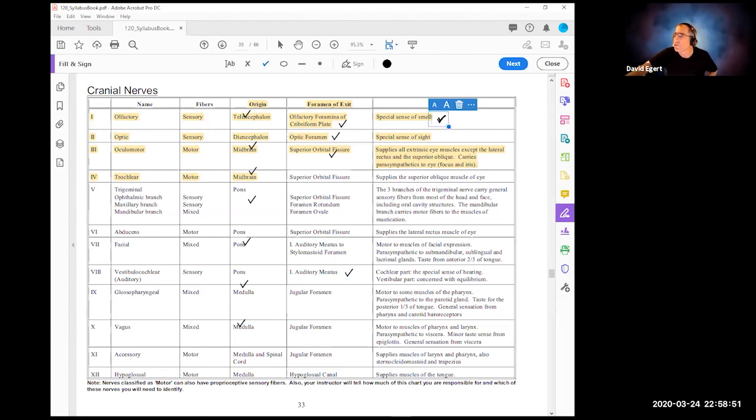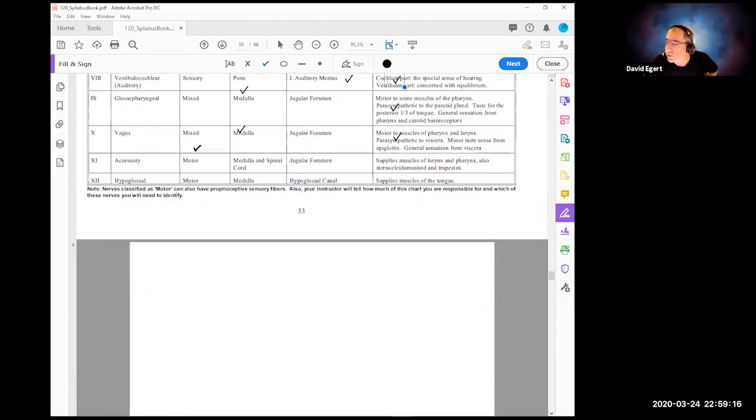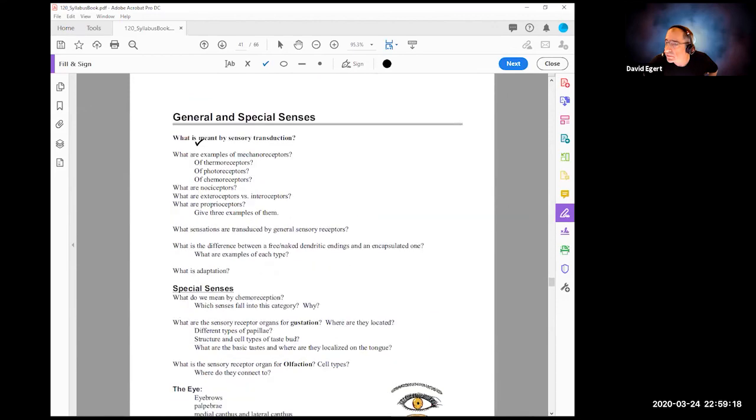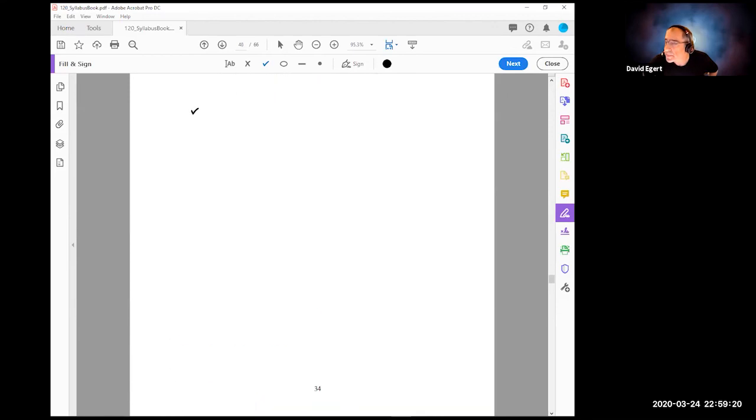CN1 for special sense of smell, CN2 special sense of sight. Special sense of taste is going to be a mix: front of the tongue, facial; back of the tongue, glossopharyngeal; and then a little bit from the vagus. Special sense of hearing is going to be vestibulocochlear. But there's more detail on this chart than you need to know. So don't get hung up.